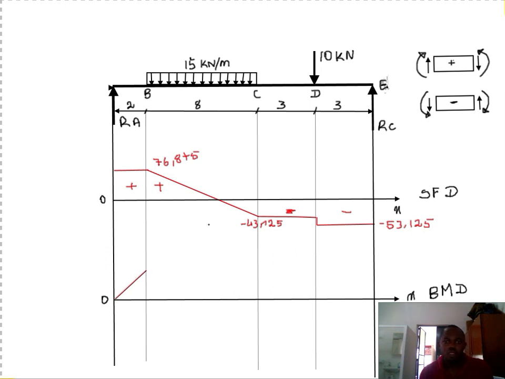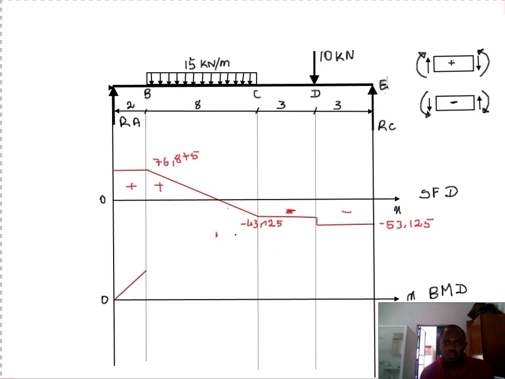And remember that the maximum bending moment will be where the shear force is equal to 0. So it will be somewhere here. In our upcoming video, we are going to mathematically find out the point at which the shear force is equal to 0, and we're also going to find out the maximum bending moment value.